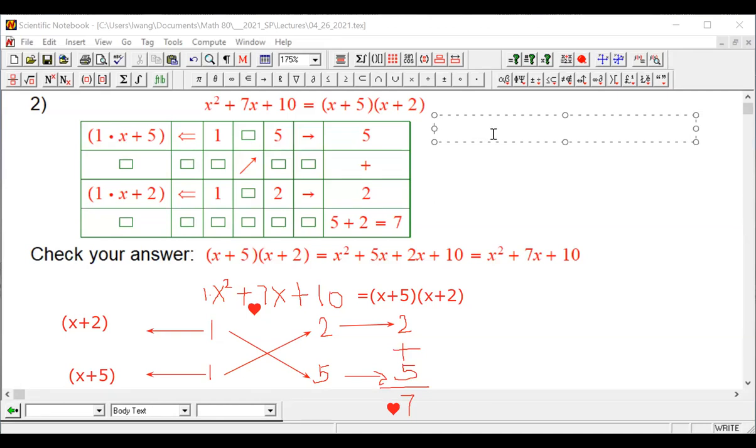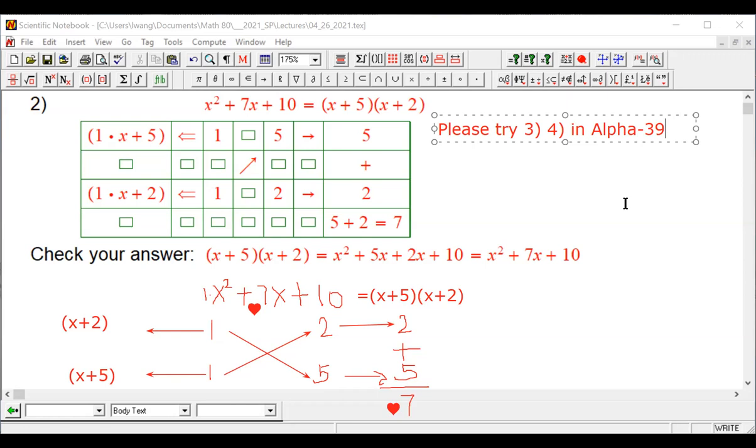So what I want you to try, number 3 and number 4 in Alpha 39. Just to warm up. And if you use any other method, I would like you to explain to me.